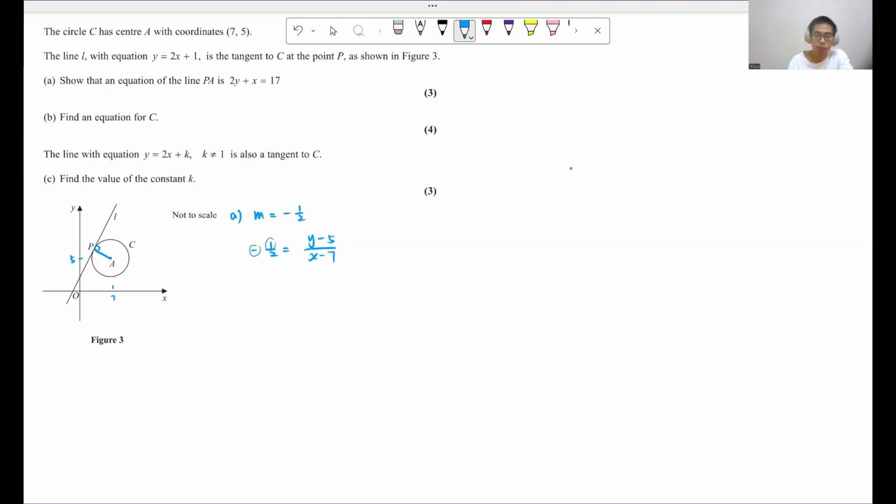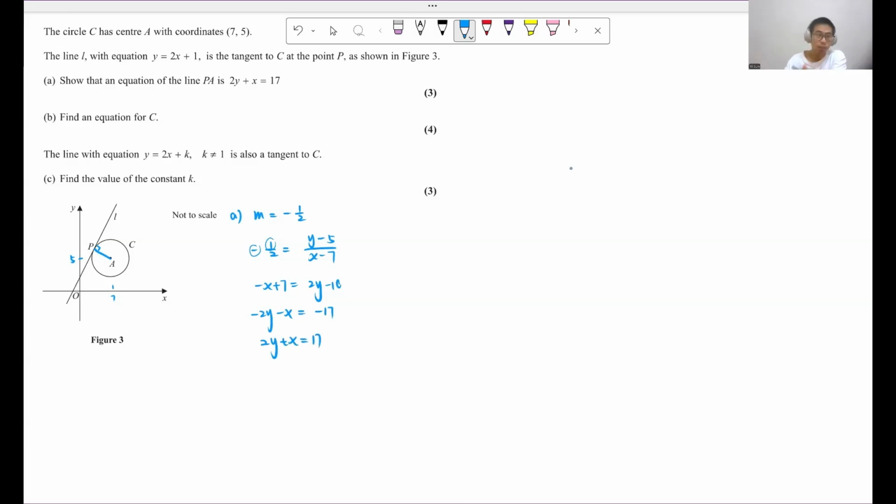So negative 1 times x minus 7 would be negative x plus 7. And 2 times y minus 5 would be 2y minus 10. So then move everything to one side. That would be negative 2y minus x equal to negative 17. So times by negative 1, 2y plus x equal to 17.